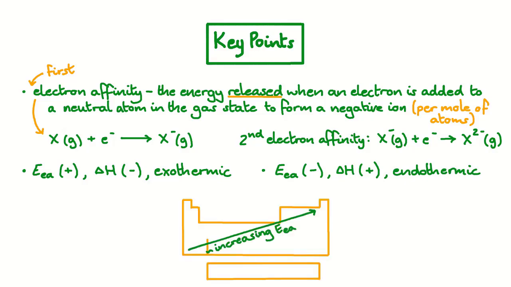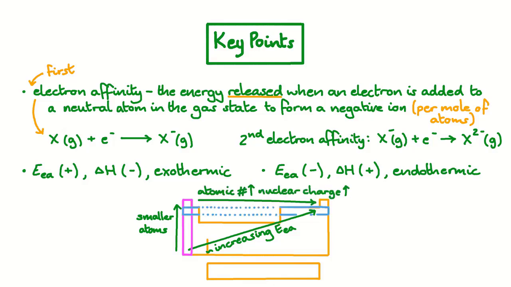On the periodic table, we see a trend of increasing electron affinity, generally moving left to right and bottom to top. Within a group moving bottom to top, we attribute this trend to decreasing atomic size. And across a period, an increase in atomic number of the element means that the atom will have a higher nuclear charge.